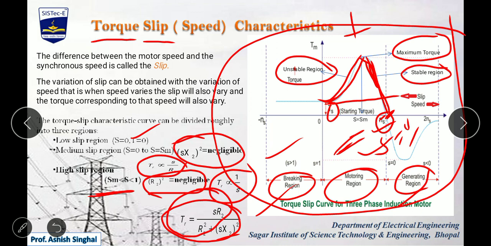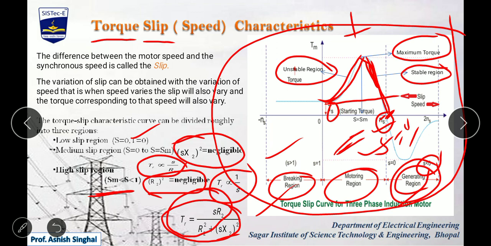Now come to the second region, that is the generating region. In this operating mode, the slip is negative. It means slip is less than 0. The slip will be negative if and only if the rotor speed N is greater than the synchronous speed. When the rotor speed is greater than the synchronous speed, then my slip will be negative.